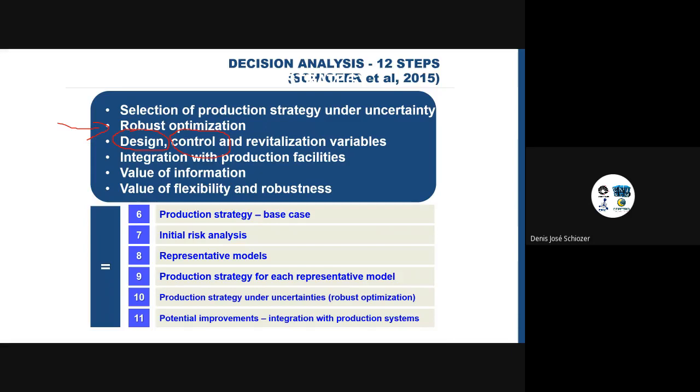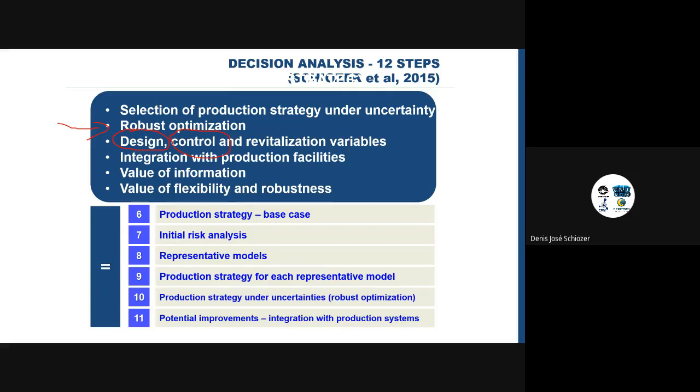And also we have a third category that we call revitalization variables, which we normally have in infill wells. We have some change in completions and so on. They are also related to the management of the field, but different from control variables. Control variables we can change almost every day, and normally they have no cost or a very low cost because we can change them very often, and it's not very expensive to do that.